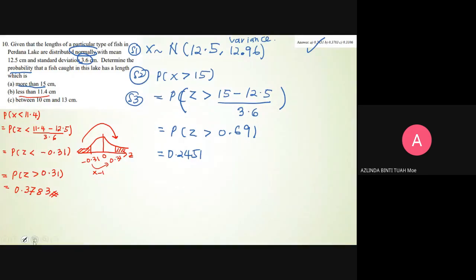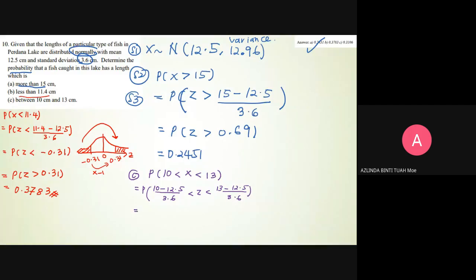Between. Question C here. Find the probability between 10 and 13. Okay, convert to Z, both of them. 10 minus 12.5 over standard deviation, less than Z less than 13 minus 12.5 over 3.6.